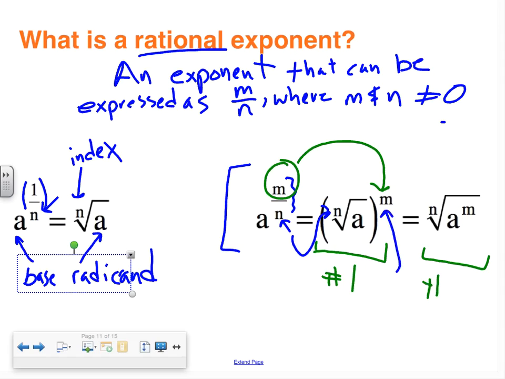Well, you could also write it where you do the power first and then you do the radical second. Both of these are equal. And you're going to notice when you go through problems that sometimes you're going to want to choose which one you want to use based on which one's going to be easier.